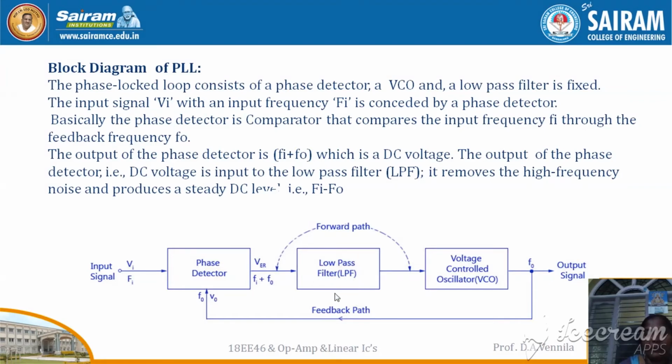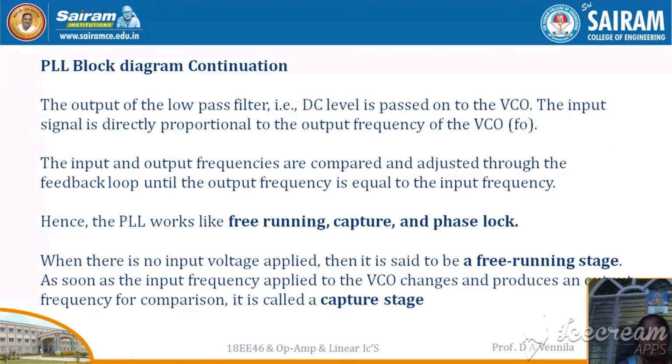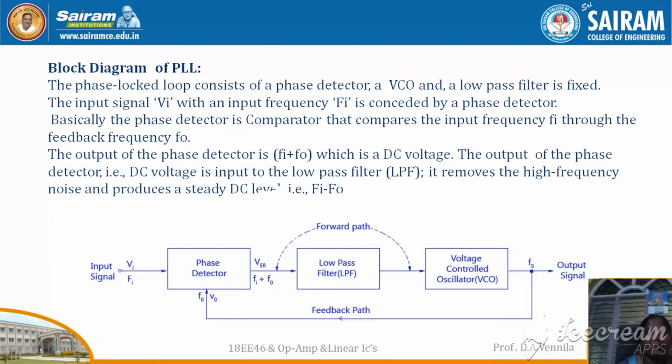The low pass filter will remove all the high frequency and produce only the low frequency signal, and this low frequency signal will be given to your voltage control oscillator. So this is about your basic block diagram of PLL. PLL is nothing but it will take the input and the output will be compared with the input.